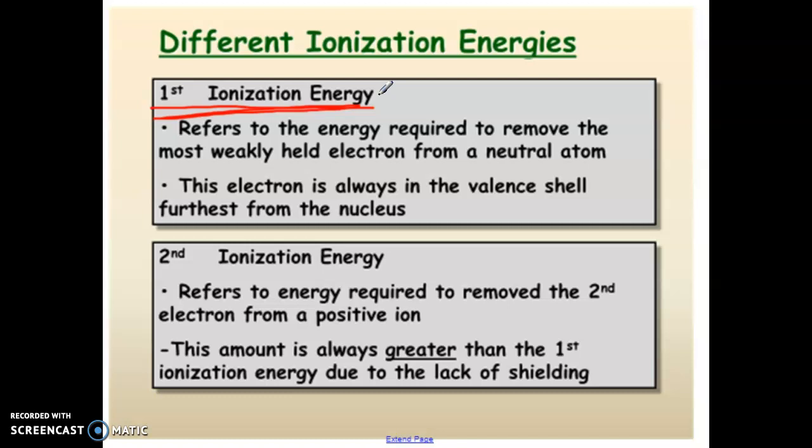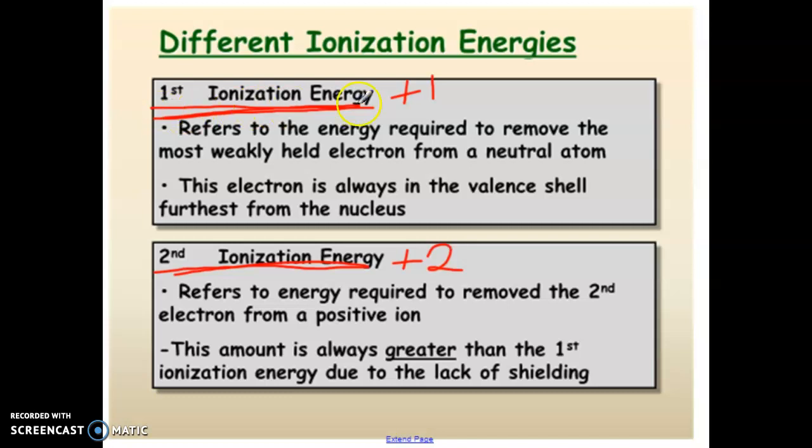If I want to take away the second electron, so let's say I want to make it a positive 2 charge, that means now I'm removing the second electron. Same thing, if we're going to take away a third one, make it a +3, it would be the third ionization energy.